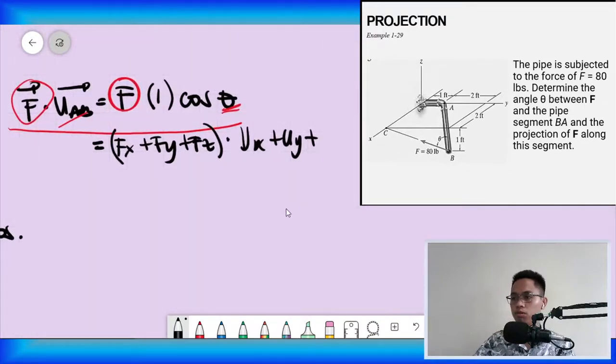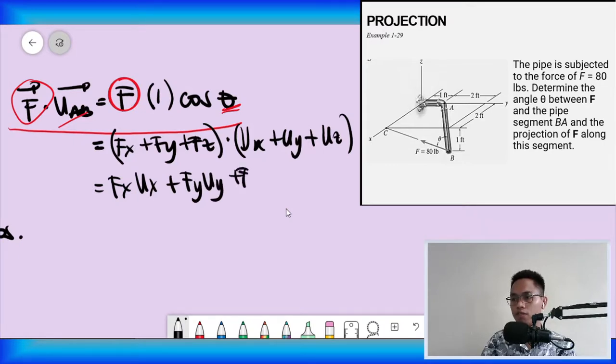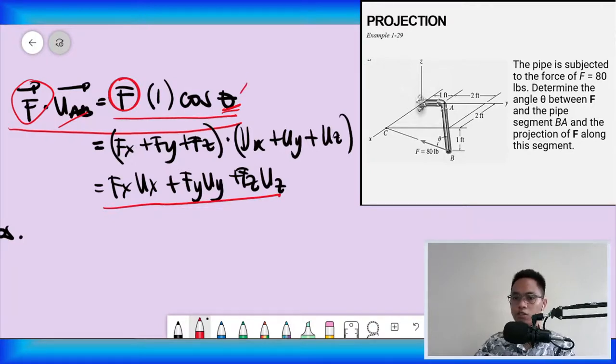Alright, so this would be uz. Then the dot product would be equal to Fx times the x component of the unit vector, plus Fy times the y component of the unit vector, plus Fz times the z component of the unit vector. So the two are equal. If we can see this, we can automatically solve for theta. So that is our goal for this.